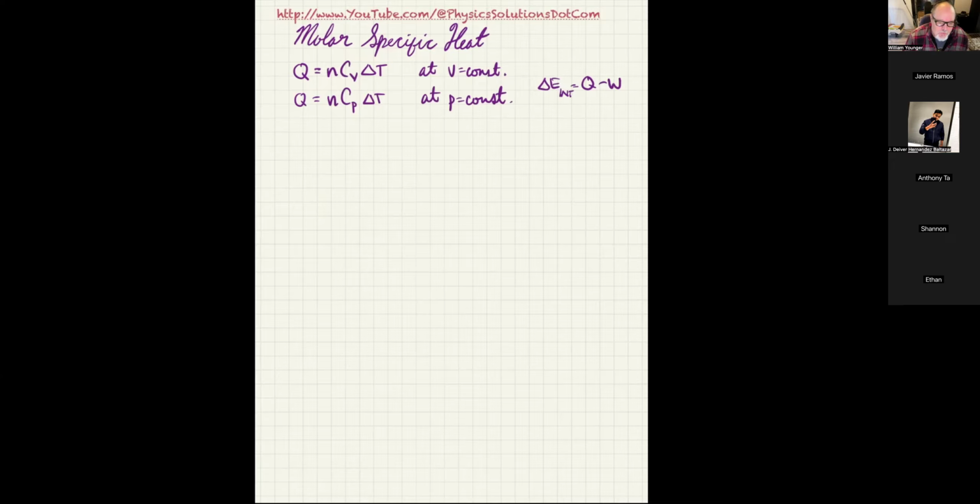Now, you might want to figure out, how do I actually get these specific heats? So the specific heat at constant volume is really the same thing as the specific heat that you had before, but now you're going to multiply it by the molecular weight of the substance times the lowercase specific heat at constant volume. And similarly, C sub P is going to be the molecular weight times lowercase c sub p, where the lowercase ones are the ones that are measured in joules or kilocalories or calories per kilogram or per gram.